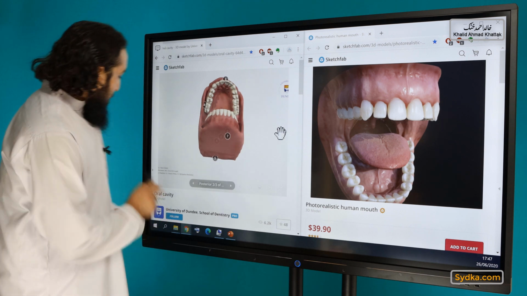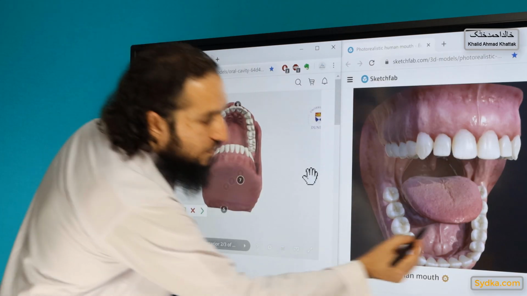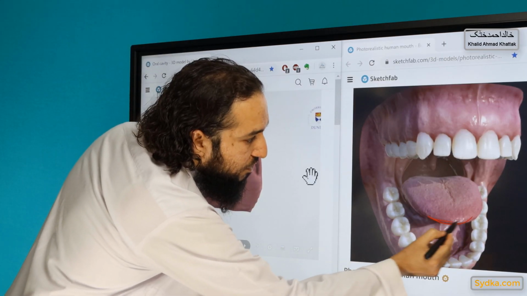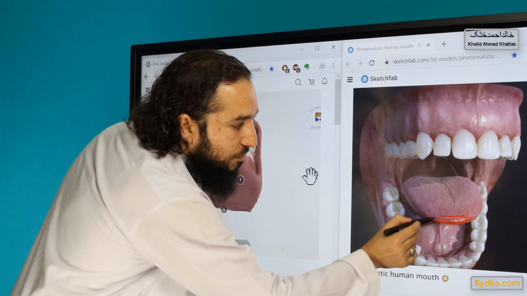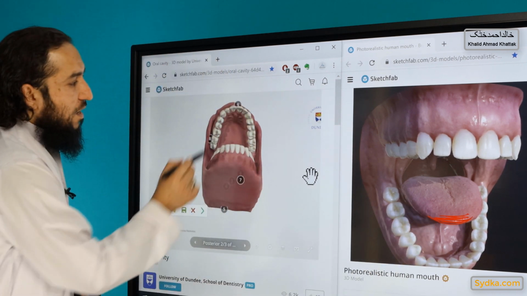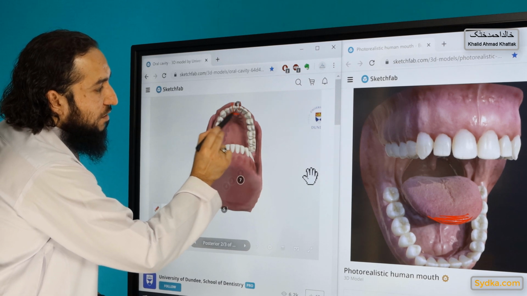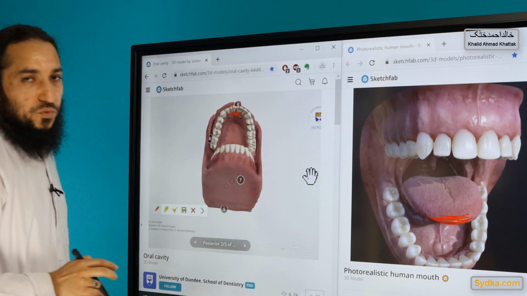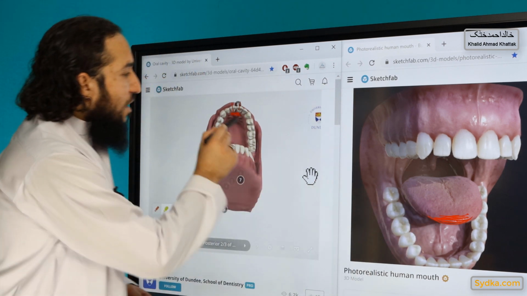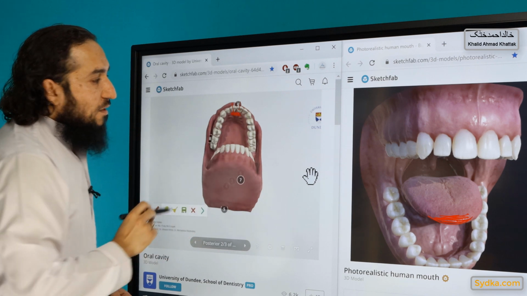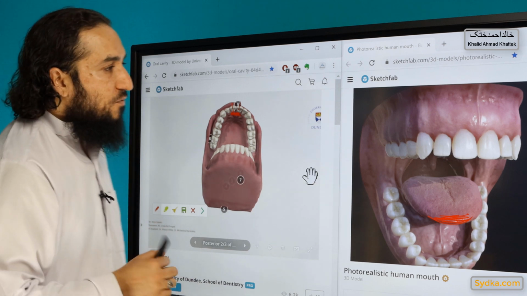So this is the tip. We say it's the top of the tip of the tongue, so we will be using the top part of the tip of the tongue. That's the top part, and it's the two top incisors, the gum line. So the tip of the tongue, the top part of the tip of the tongue, and the gum line of the top two incisors are the Makharij, the articulation point for Dal.